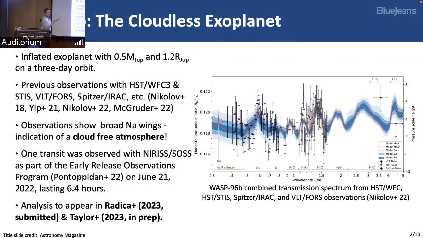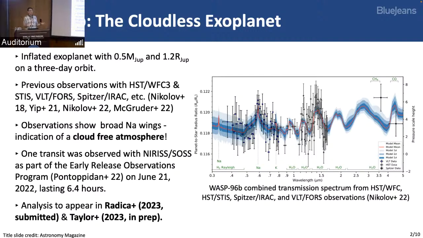Just to start off, we once again have here a hot Jupiter, a reasonably inflated hot Jupiter with about half the mass, but around 1.2 times the radius of Jupiter. The claim to fame of this target is that previous observations with HST with WFC3, STIS, as well as even ground-based transmission spectra have shown a very cloud-free atmosphere.